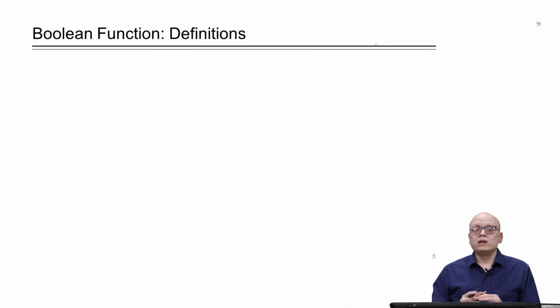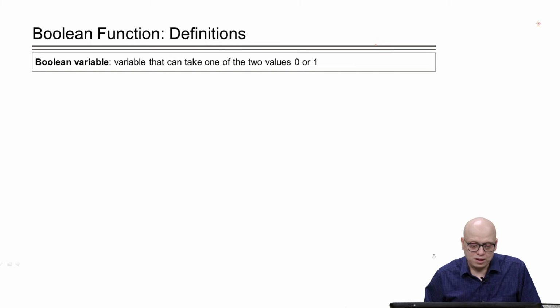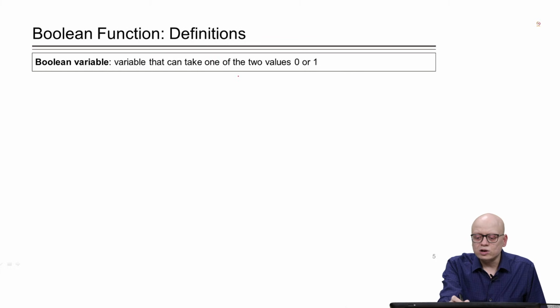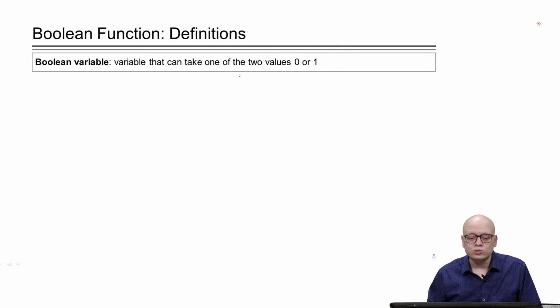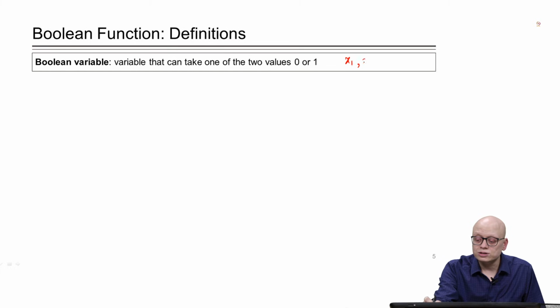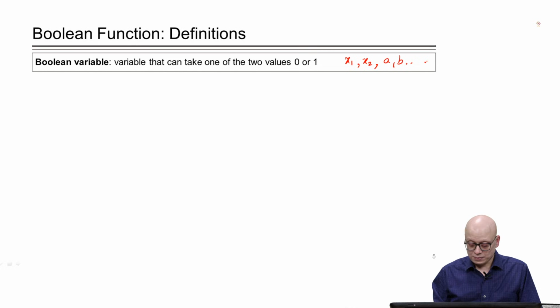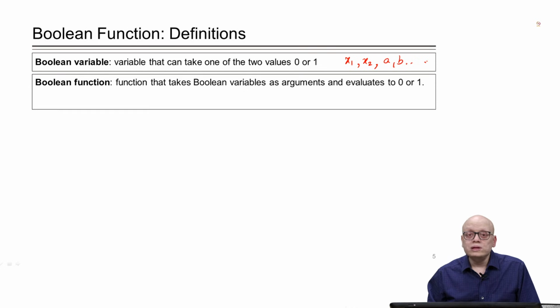Before looking into two-level logic optimization, we should be familiar with some important definitions related to Boolean functions and logic optimization. What is a Boolean variable? A variable that can take one of two values, 0 or 1, is known as a Boolean variable, and we represent Boolean variables by symbols like x1, x2, a, b and so on. What is a Boolean function?